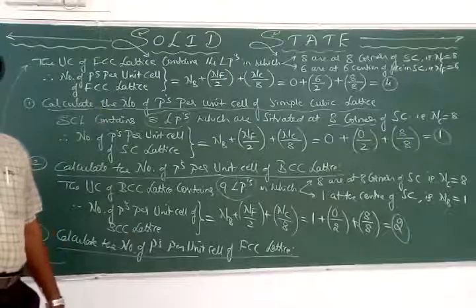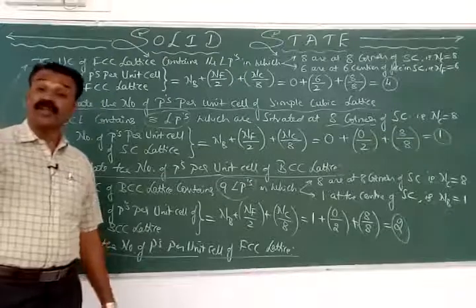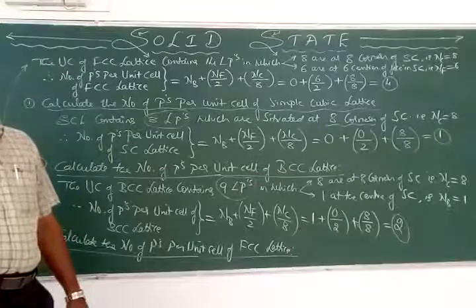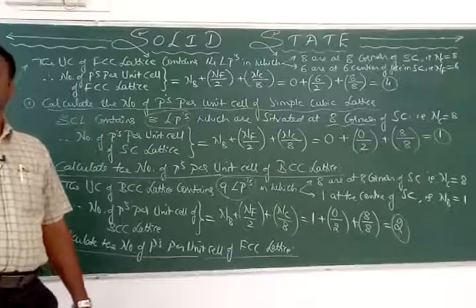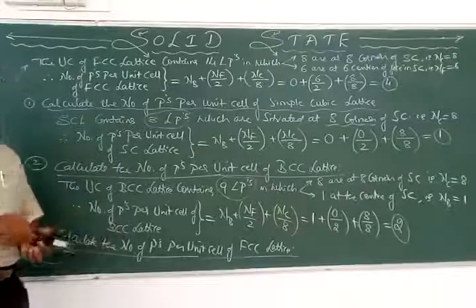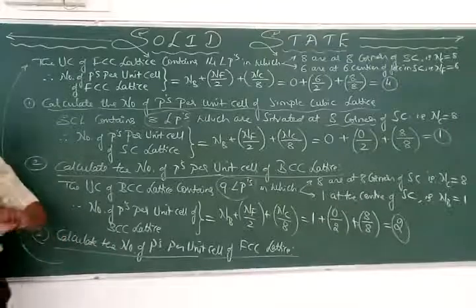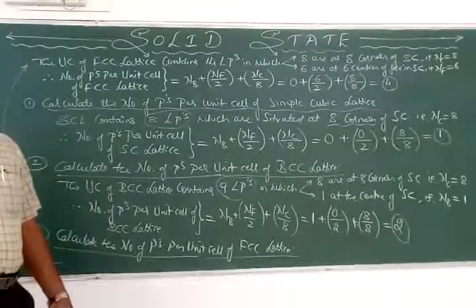Okay. So this is about the contribution of each and every particle per unit cell of the cubic system, and how to calculate the number of particles present per unit cell of the cubic crystal lattice.